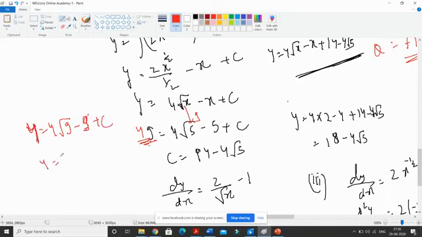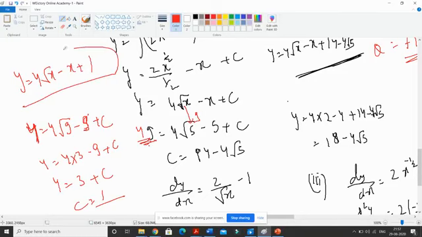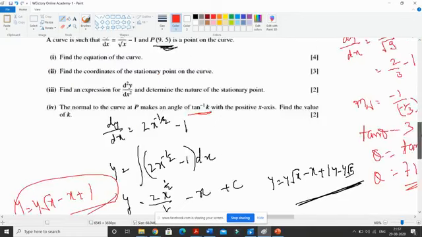So 4 equals 4 into 3 minus 9 plus c. So 4 equals 12 minus 9 is 3. So c is equal to 1. So the equation would have been y is equal to 4 root x minus x plus 1. That's the answer. Okay. So yeah, make the correction.